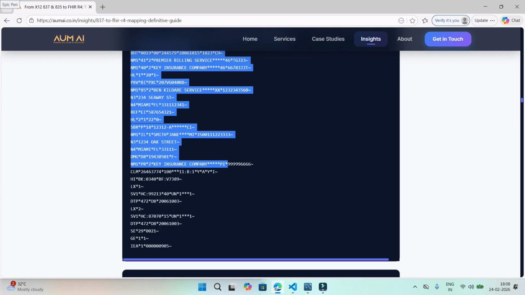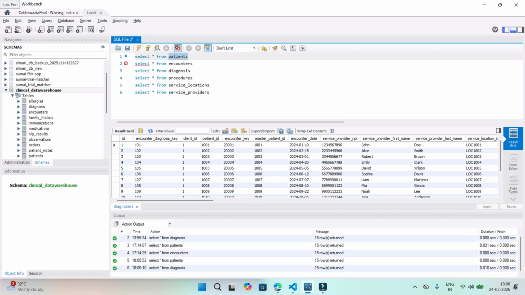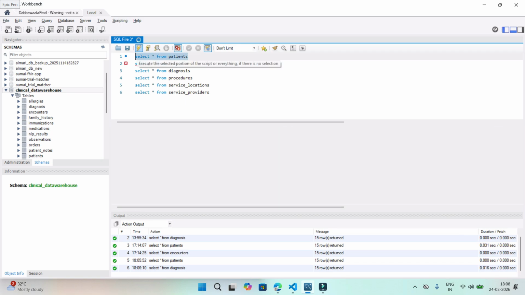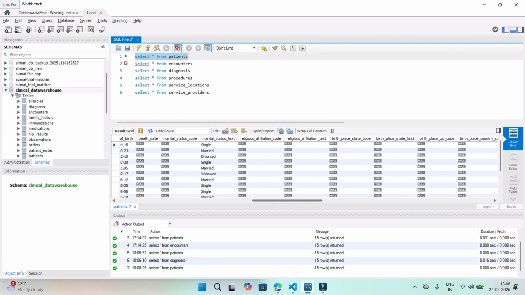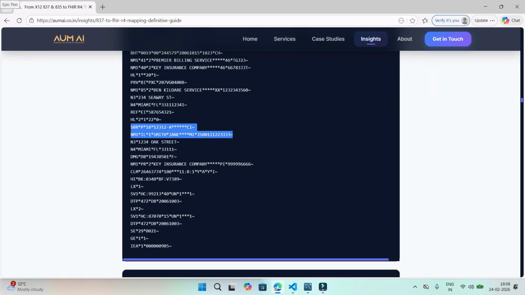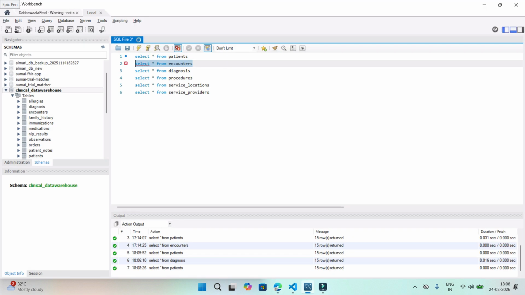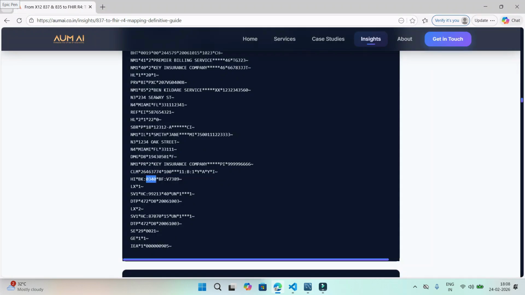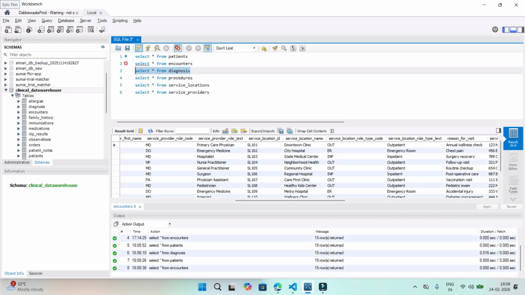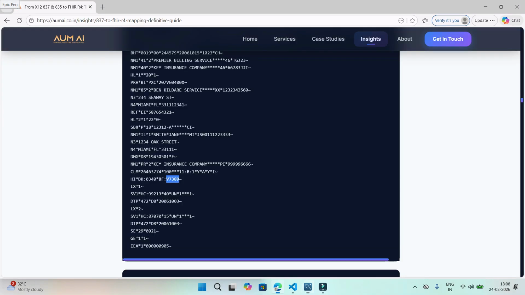So if you see loop 2000B, in the X12 837 format, there is the subscriber's information, and that goes into the patients table here. Loop 2300, where most of the claim information is, becomes your encounter table. And the HI segment, which has the diagnosis codes and all the diagnosis related information, goes into the diagnosis tables here.